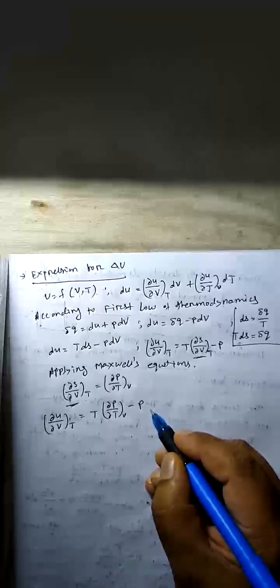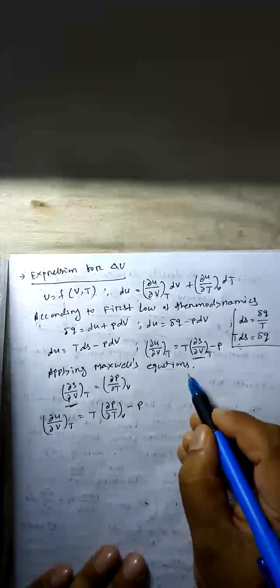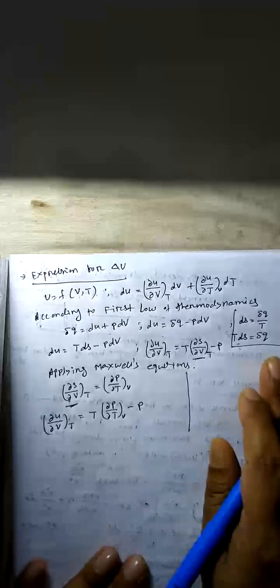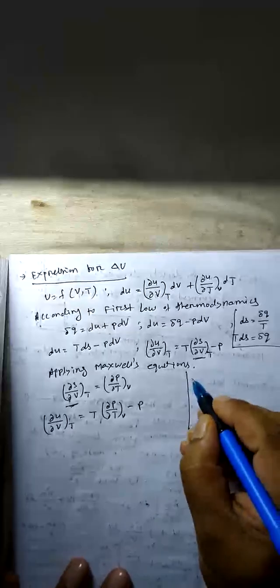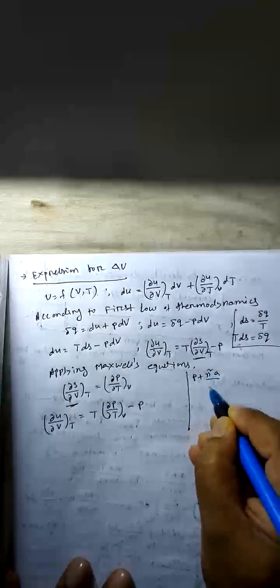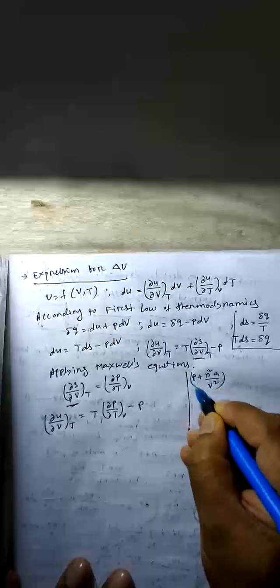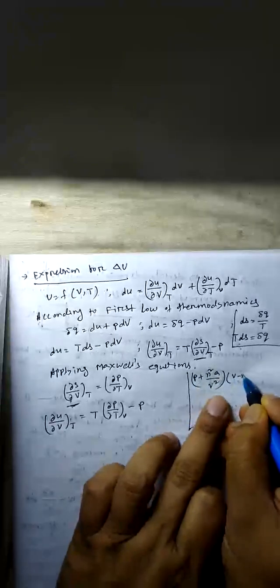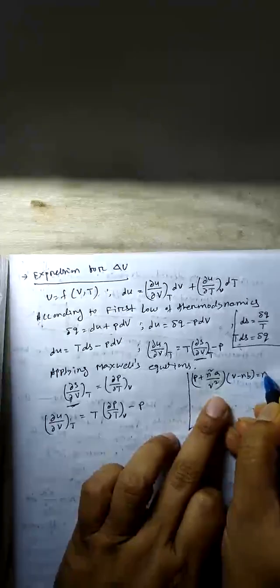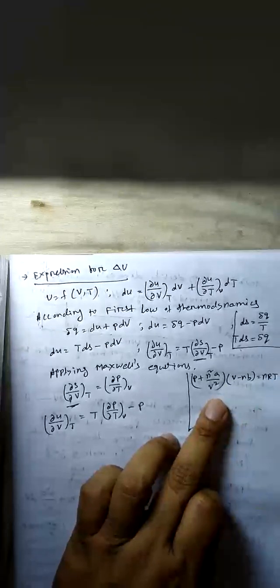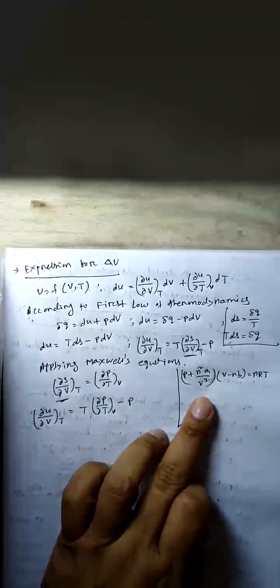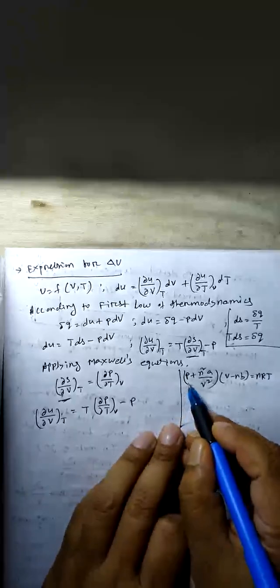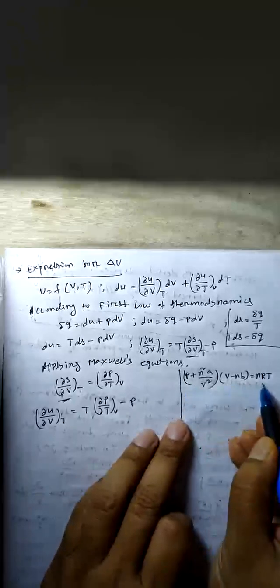Then we have to know the pressure. We know the van der Waals equation, this value we have to substitute. The van der Waals equation is (P plus n²a/V²)(V minus nb) is equal to nRT. I want this P. Take this one to the bottom.